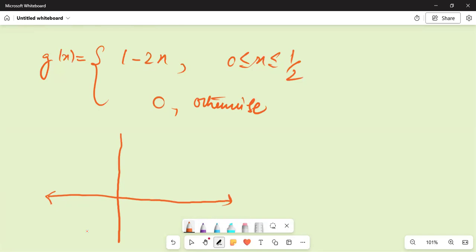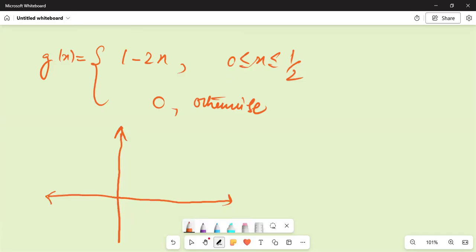You need to look at these questions very quickly and get a final answer. So in order to solve these types of questions where you have different functions given, always try to draw the graph, because it gives you a final answer very quickly.